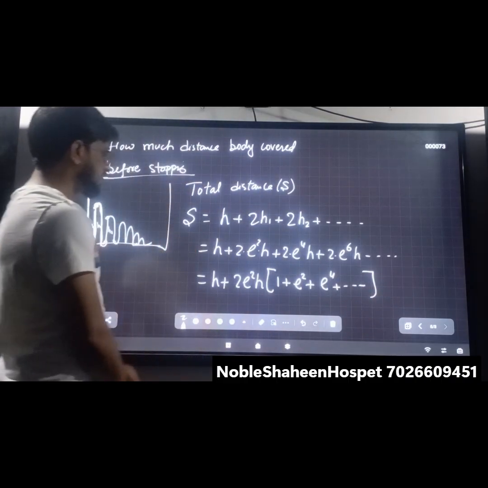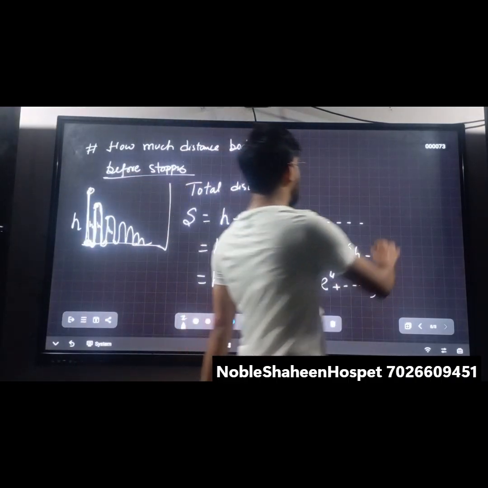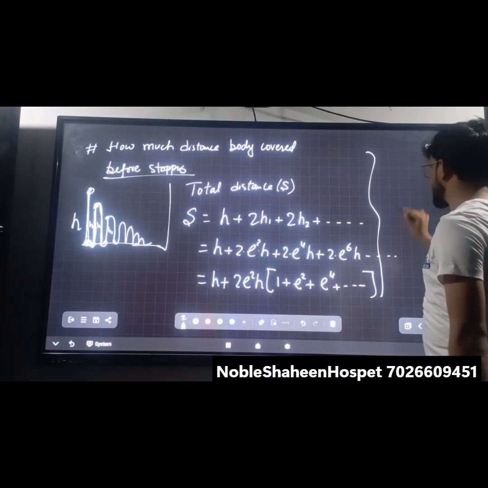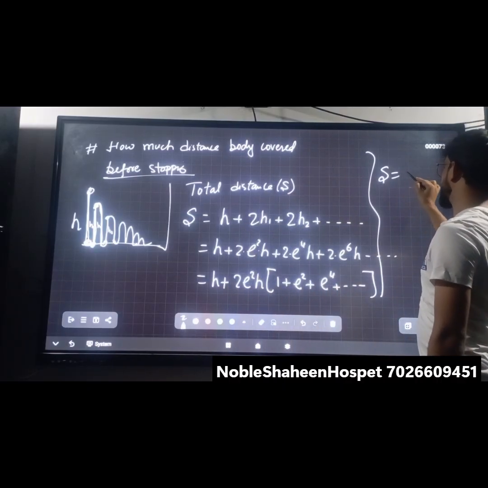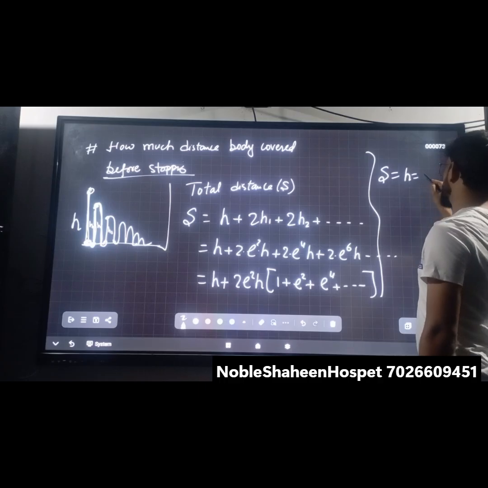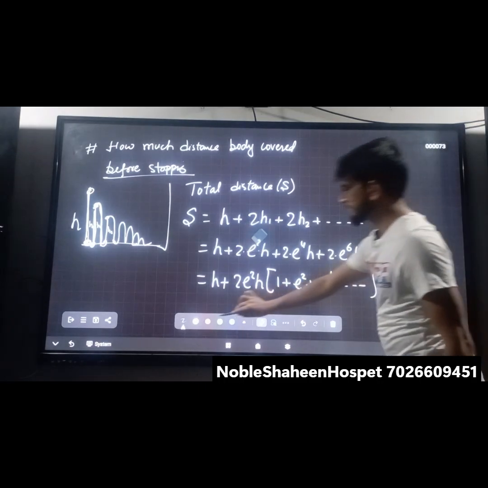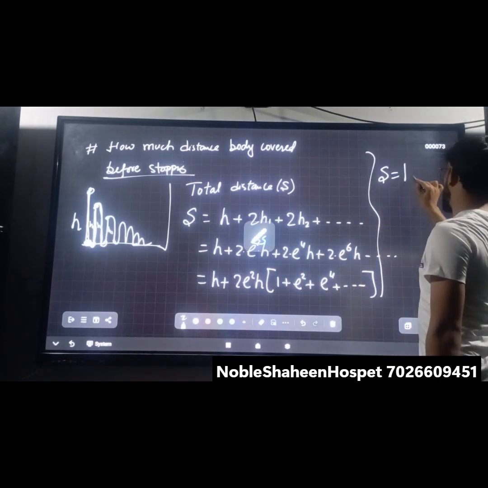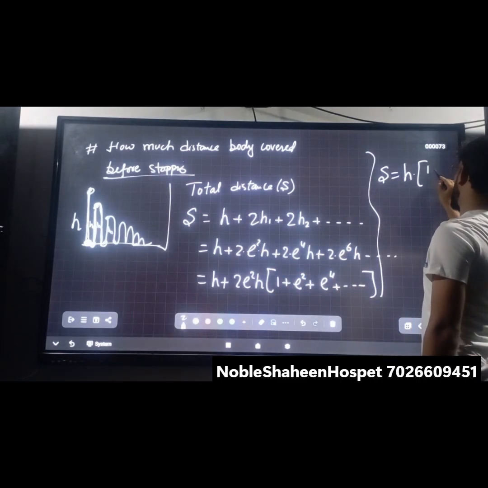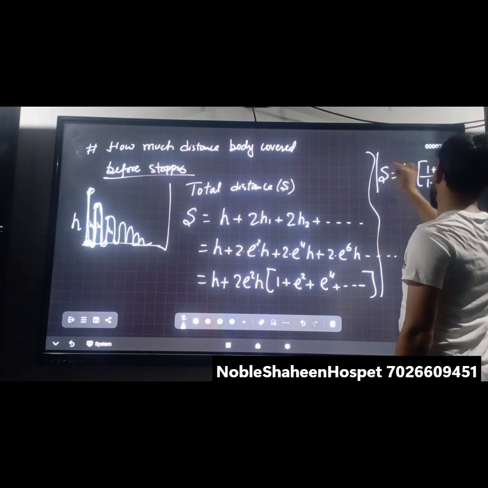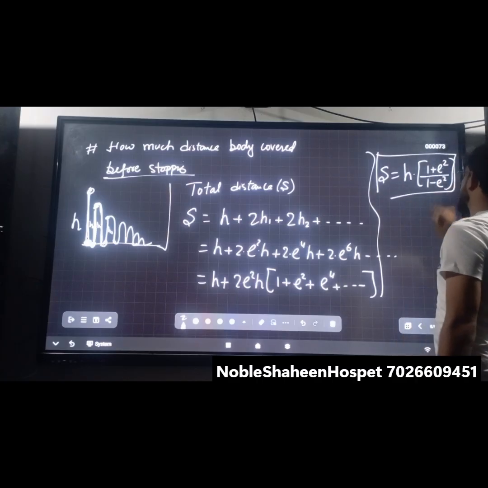Now calculating this expression, we get the final expression: total distance s is equal to h into (1 plus e square) upon (1 minus e square). This will be the expression for the total distance covered.